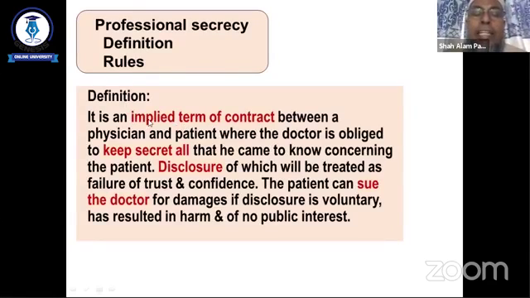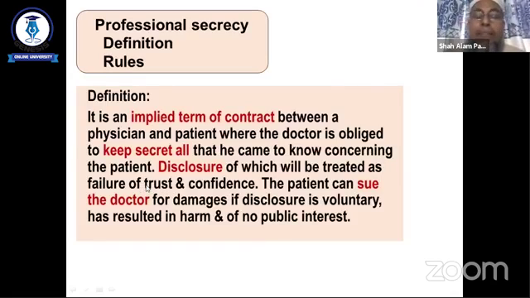Why is it implied? Because it is a tacit contract. It is not expressed. It is an implied term of contract between a physician and a patient, where the physician is obliged to keep secret all that he came to know concerning the patient, disclosure of which will be treated as a failure of trust and confidence.